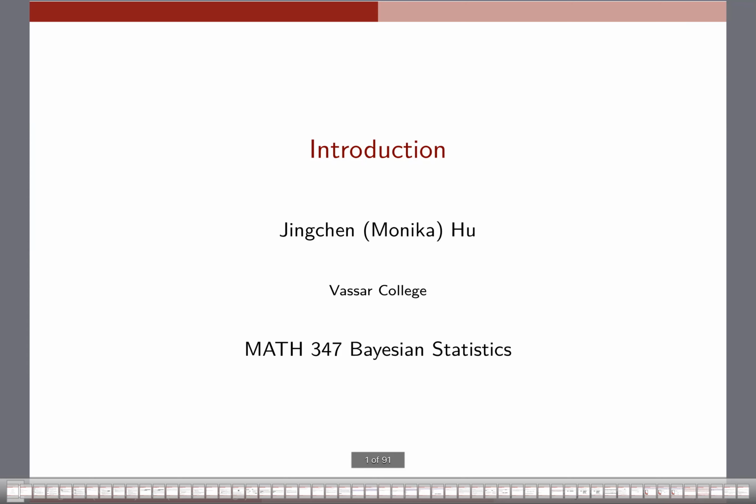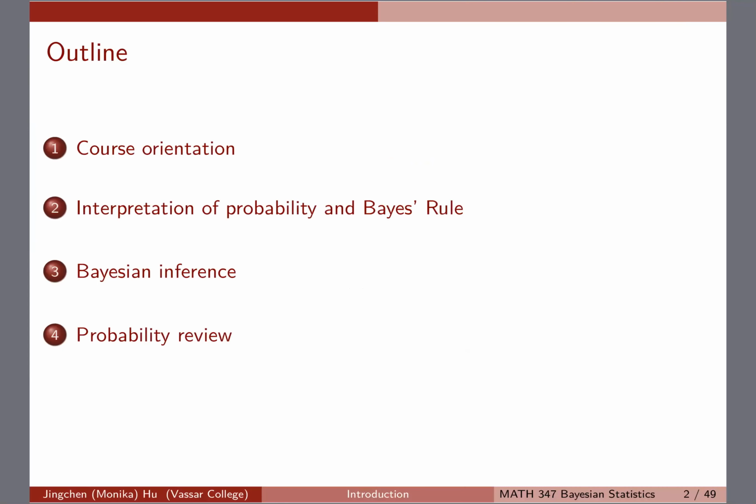And so this is the introduction to the course, with some review as well. I've done this for a while. All right, so we're going to do a course orientation for maybe 10 to 15 minutes, and then we're going to start doing some preview, especially how to think about probability in terms of the Bayesian perspective.